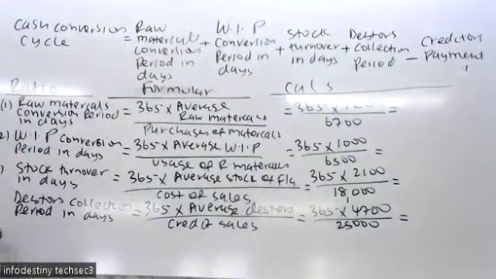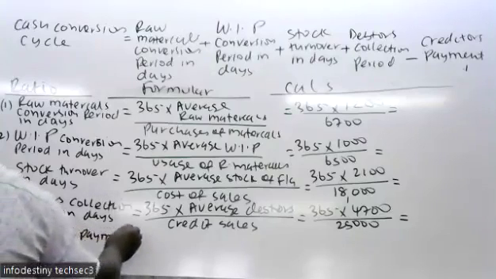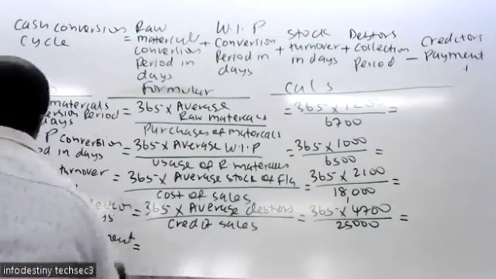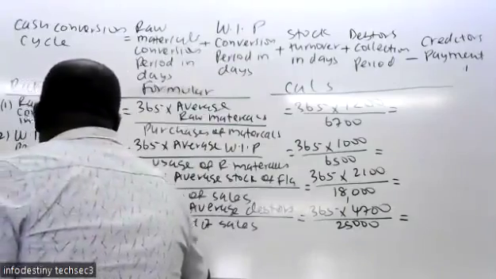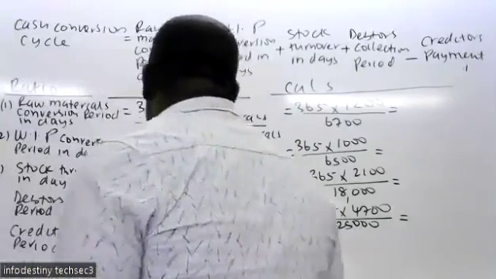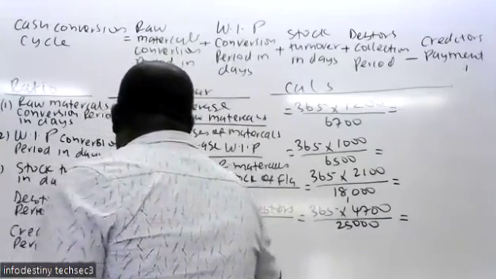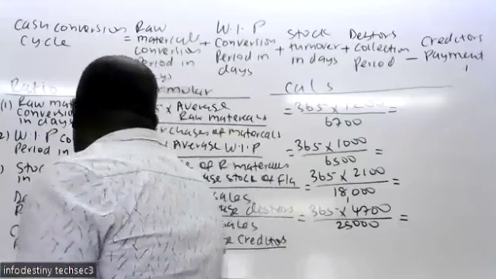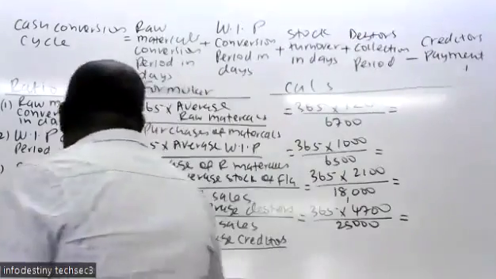Then number 5 is the creditors payment period. So it will be 365 multiplied by average creditors, then we divide by the credit purchases.